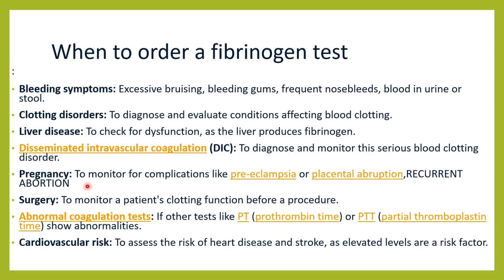At that time doctors order this fibrinogen test. It is also ordered to monitor the patient before and after surgery. And suppose they get an abnormal coagulation test, the patient is having a high PT, aPTT, etc., at that time these tests might be ordered. Also, to assess the risk of heart disease, stroke, etc., doctors order this fibrinogen test.